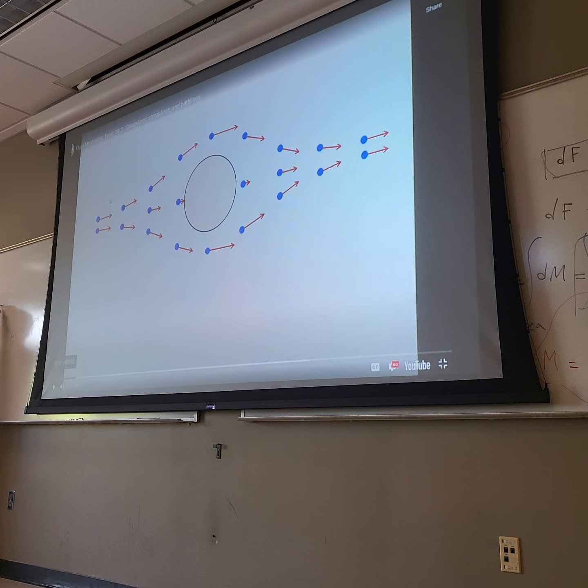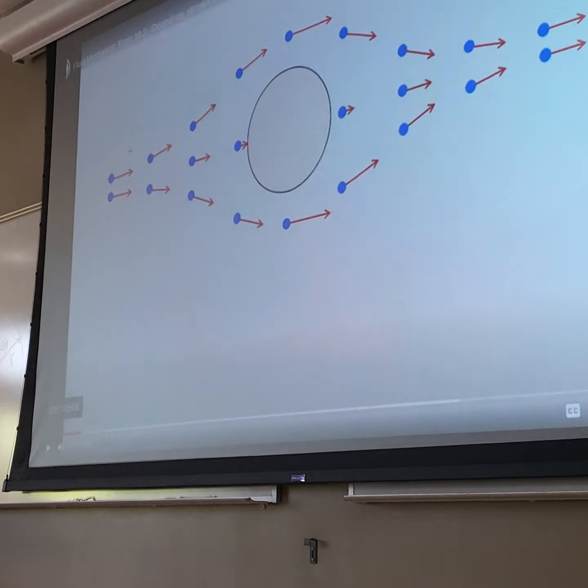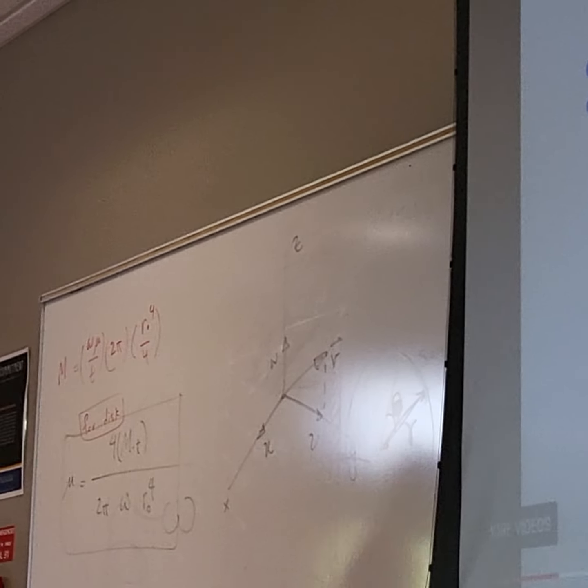So that's your velocity vector. The x component call it u, the y component call it v, and then the z component call it w, not omega. Omega is usually used for angular velocity.